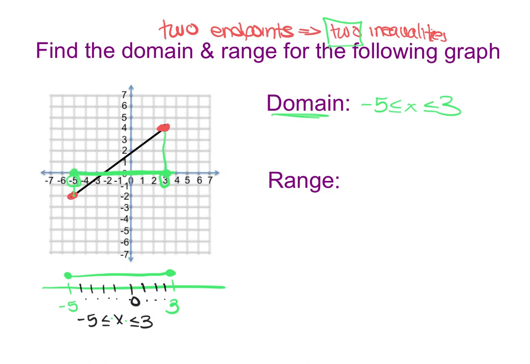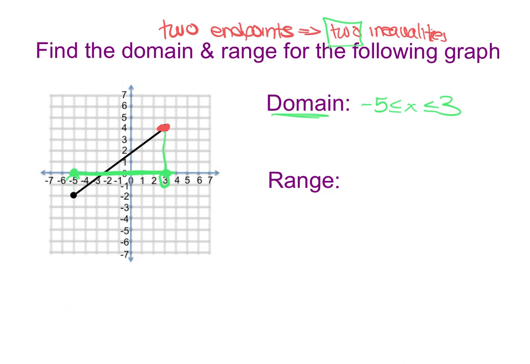So now let's go ahead and repeat this process with the y values, okay? So now if we repeat this process with the y values, again, we're going to start with each endpoint. I notice this one pairs with -2, so I know that -2 is an important y value, and this one pairs with 4.